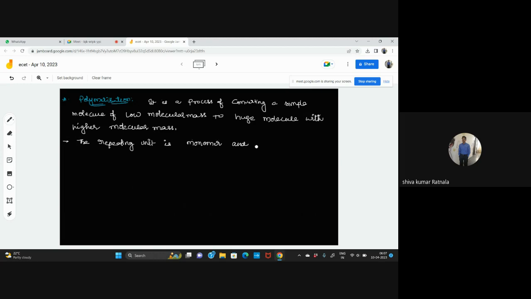And the high molecular mass compound is called polymer.